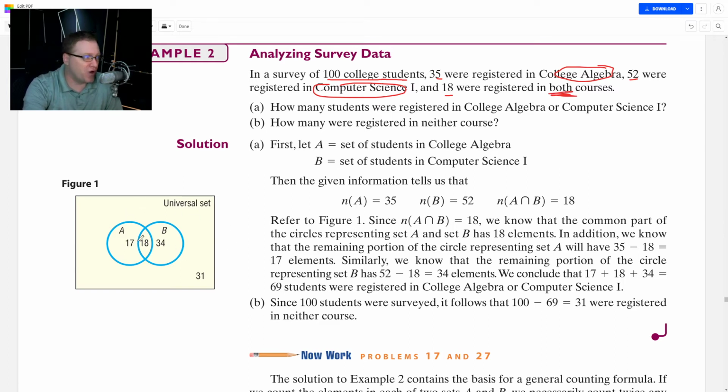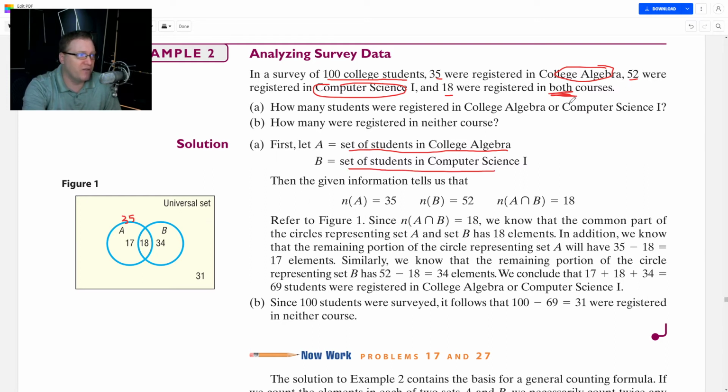So the way we draw this is something we call a Venn diagram, where we say, okay, here's A, and we say A is all of the students in college algebra. And how many are in college algebra? 35. So there are 35 students here in A. Then we're going to say B is all the students in computer science.